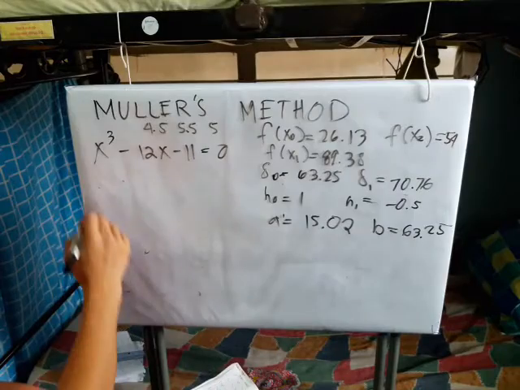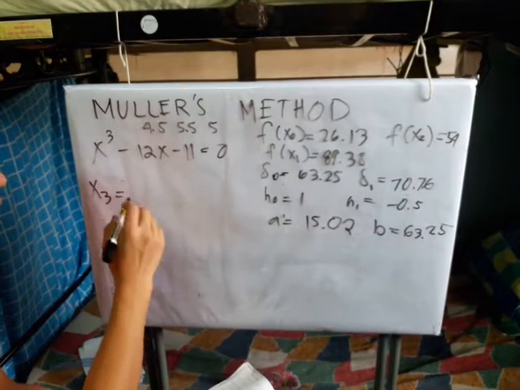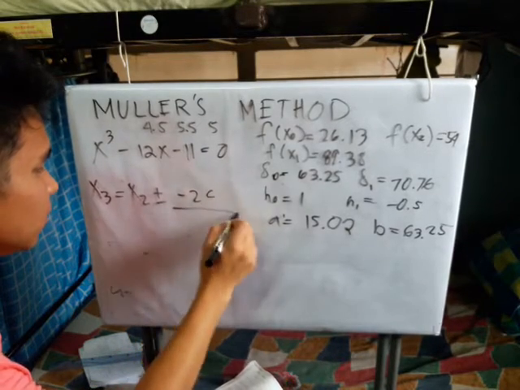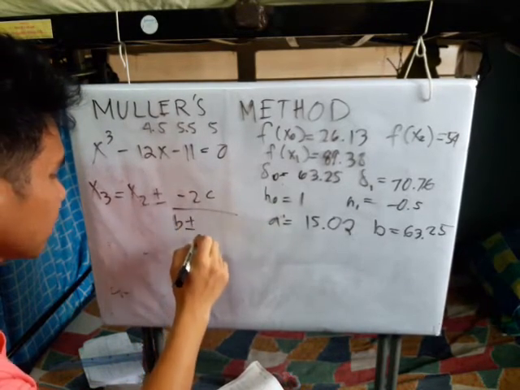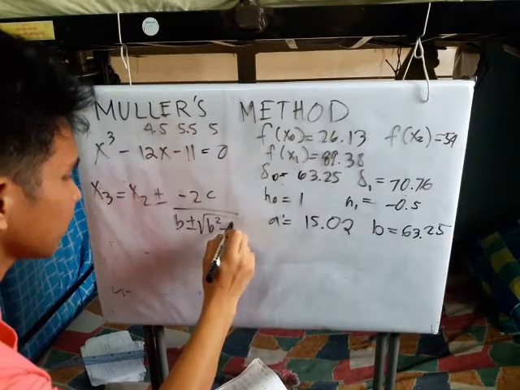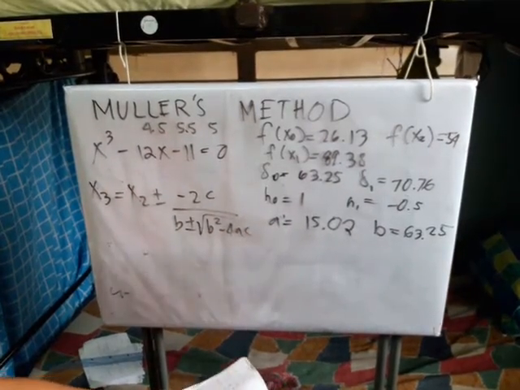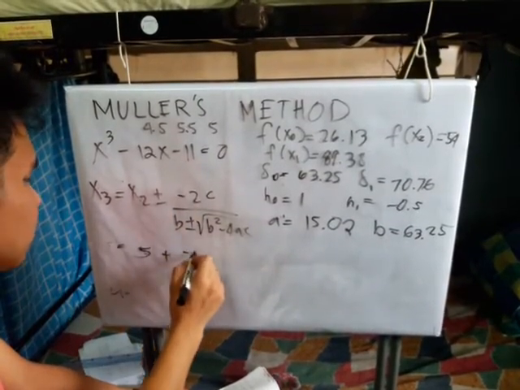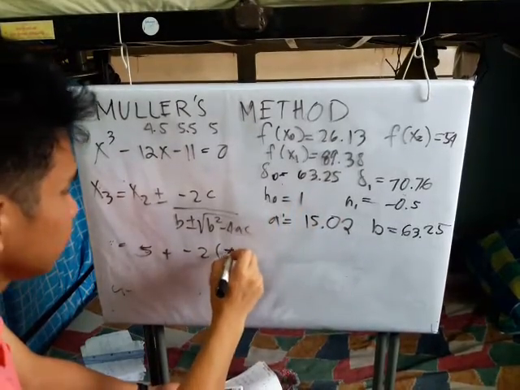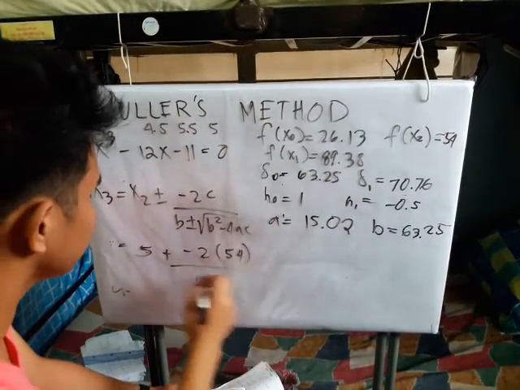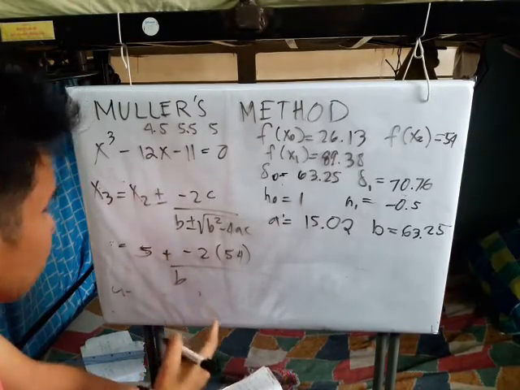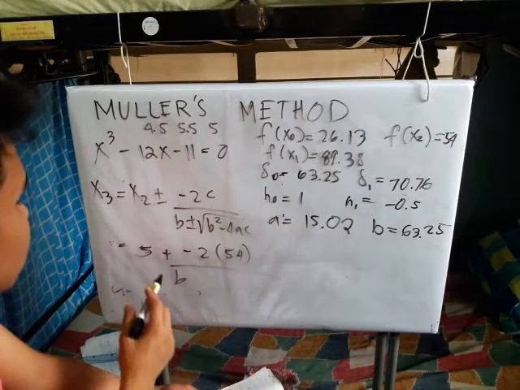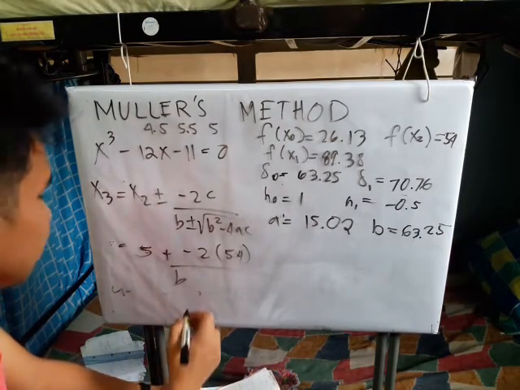So x3 is equal to x2 plus or minus negative 2c over b plus or minus square root of b squared minus 4ac, which is a quadratic formula. The next value is x2, 5, plus negative 2c, with c being f of x2, 54, all over b, plus because the value of b is positive, so we will use positive for the formula of x3.